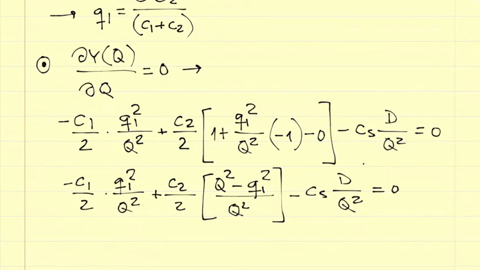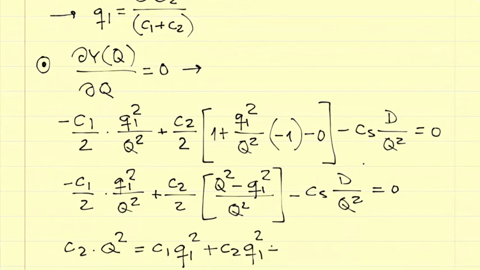And this turns out to be that C2 times Q square equals C1 Q1 square plus C2 Q1 square plus 2CSD.